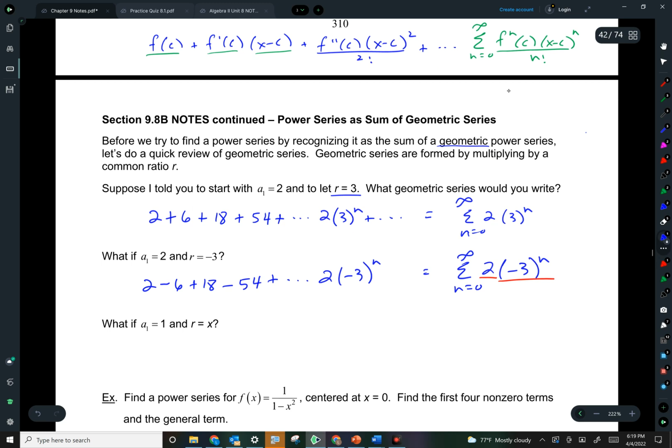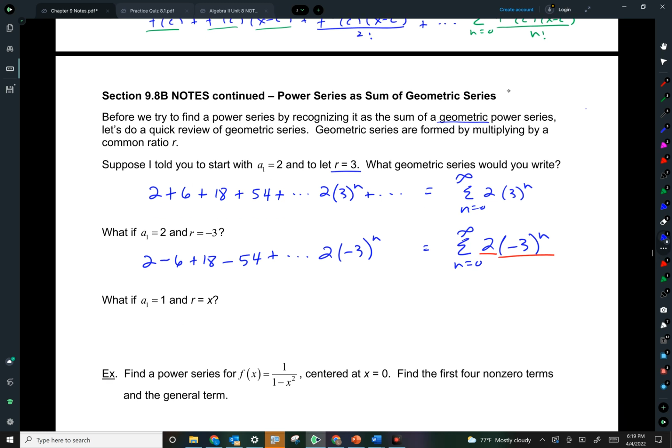Okay, well, what if we look at it not as just numeric? What if we look at the common ratio as being x? So if I start at 1, my first term is 1, and then if I multiply by x every time, my next one would be x, and if I multiply that by x, I'm going to have x squared, and if I multiply that by x, I'm going to have x cubed, and I could keep going out.